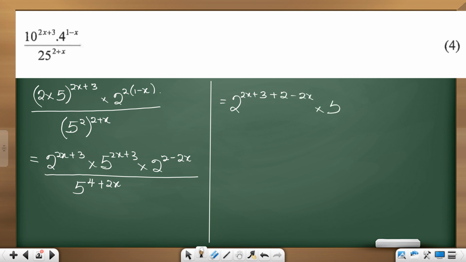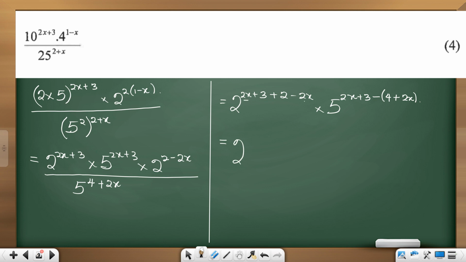Multiplied by 5. What do we have? 2x plus 3. Now we are subtracting. Please listen to this part. Minus. Once you have a minus, remember to always put your bracket. 2 to the power 2x. Oh, there's no need for me to. Let's simplify.